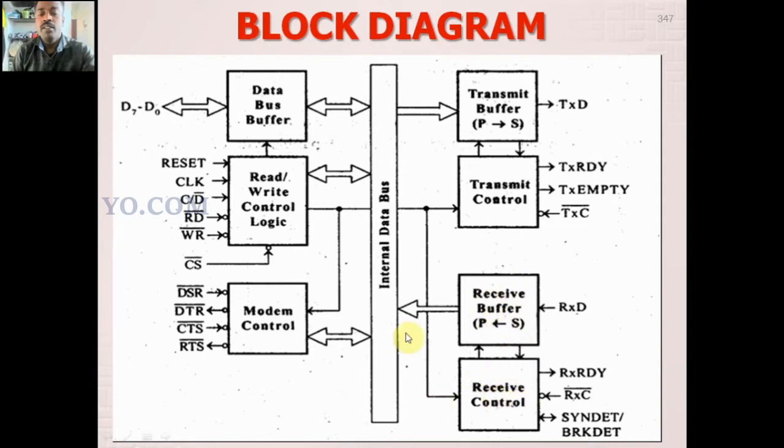The receive control is again controlled by the read write control logic, that is the control signals coming from the 8086 microprocessor. The receive control controls the other device by using receive ready, receive data request, and synchronous break detect, that is sync detect and break detect.